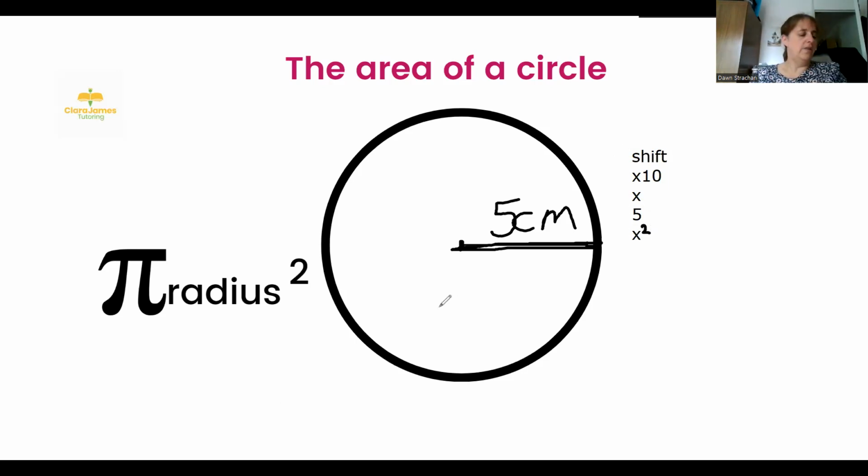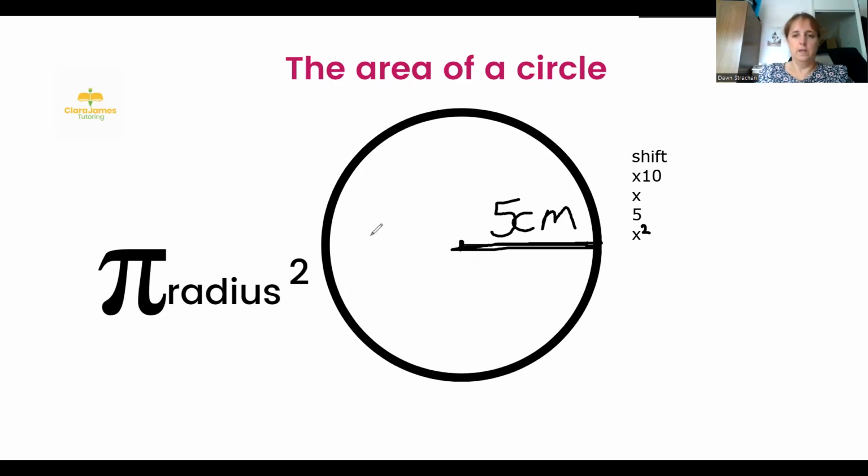Okay, and that, if we work it out, should hopefully give us 78.53. Okay, so what it may do is give you the answer as 25 pi, like that, in which case just press this button here and it will convert it into a decimal for you.